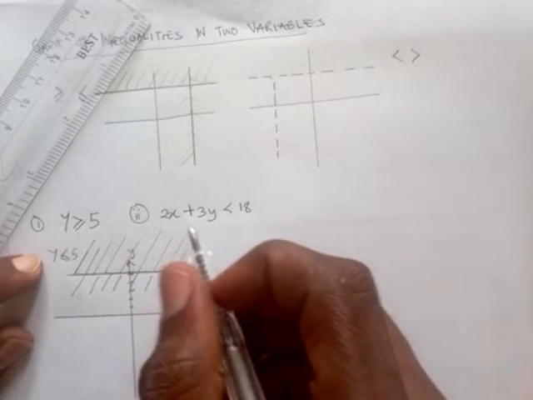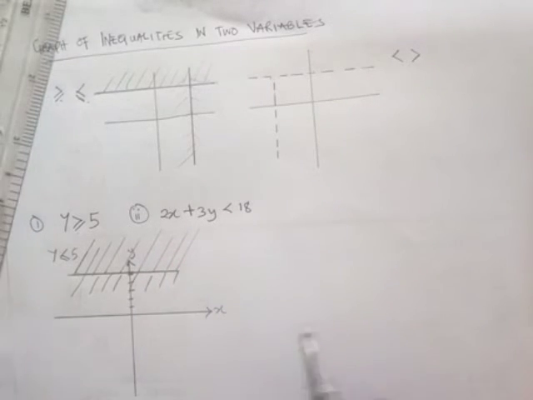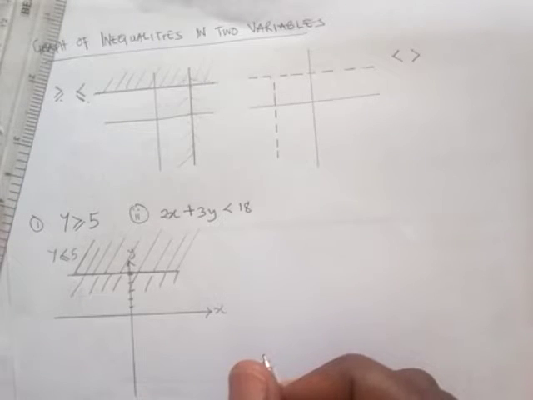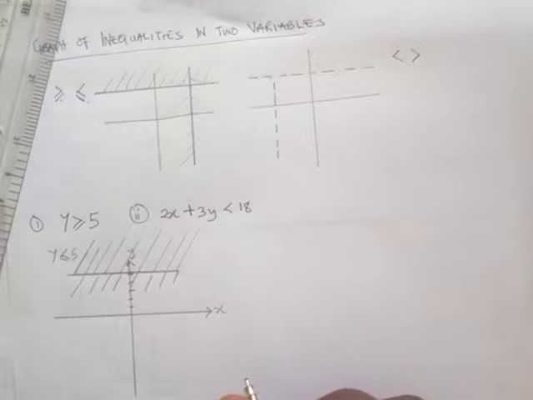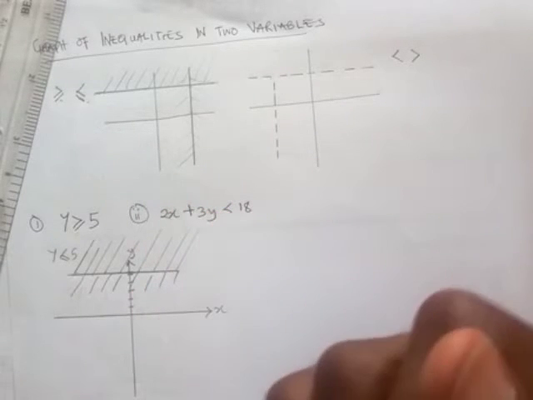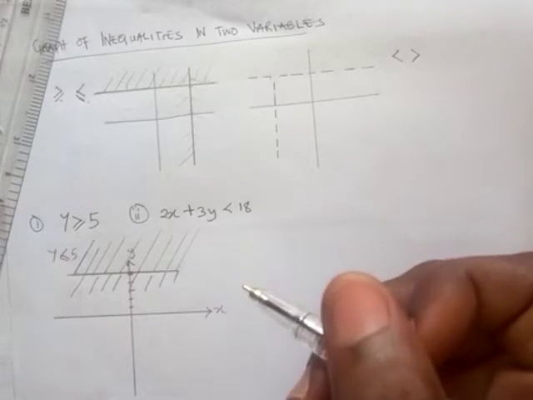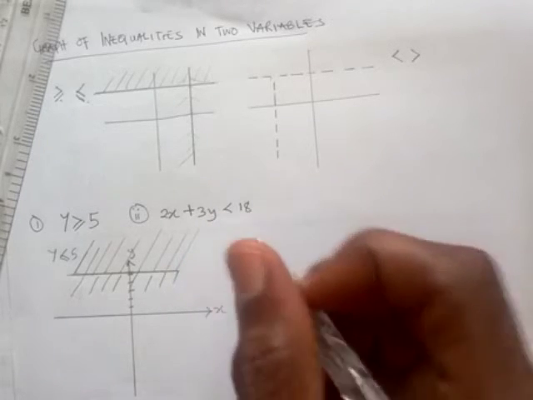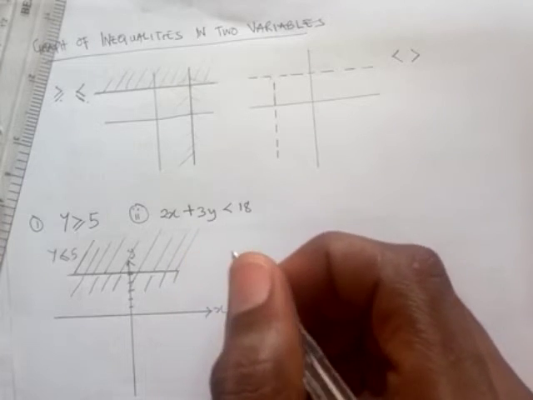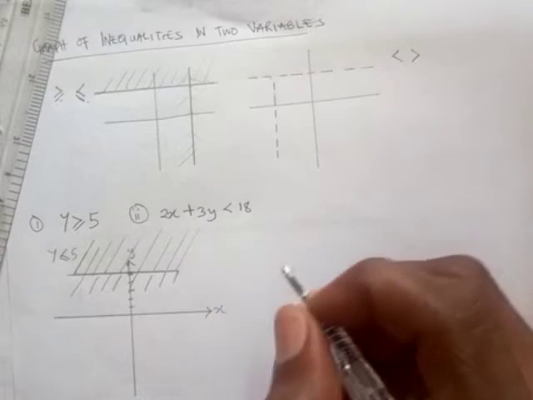We have 2x plus 3y less than 18. So in solving this, we would assume that x is 0, and then we'll find the value of y, and then assume that y is 0, and find the value of x.